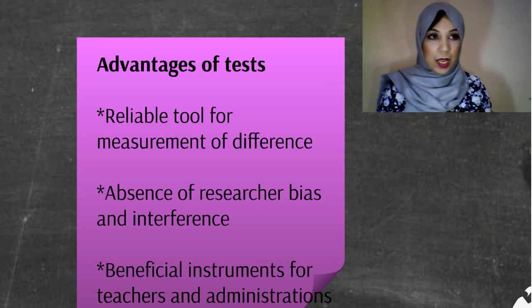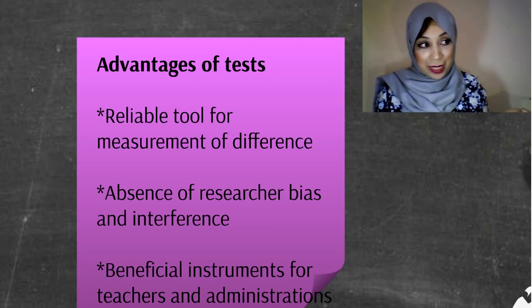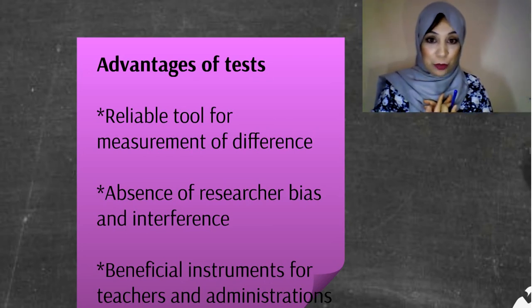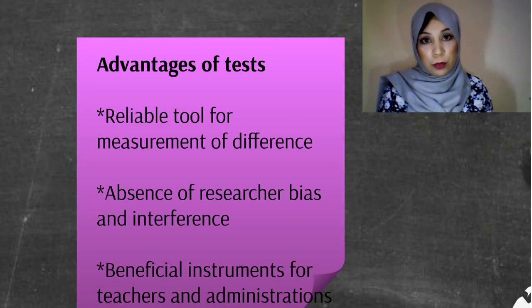The second thing is that tests allow the absence of researcher bias and interference. That is, if in observation we interpret according to what we see and according to our personal interpretation, in questionnaires or in interviews, sometimes we guide.